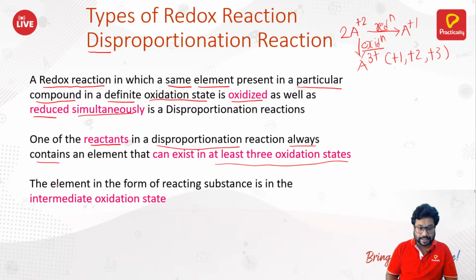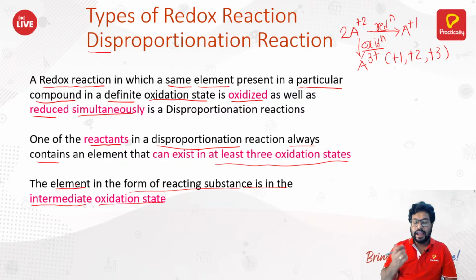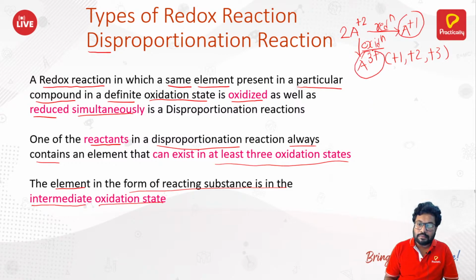That's the condition. Next, the element in the form of the reacting substance is in the intermediate oxidation state. Now, as far as your A is concerned, you can see here, there are 2 oxidation states of A. One is A +1, another is A +3. And your A was actually in the +2. So +2 is the intermediate oxidation state.